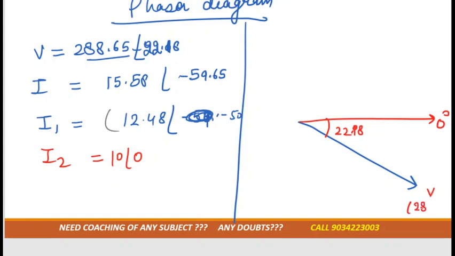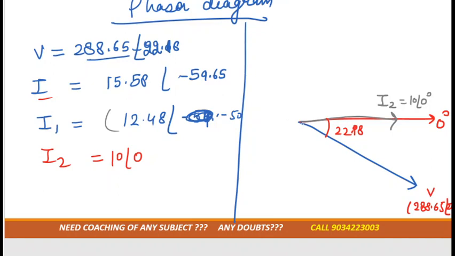You need to mention 288.65, angle is 22.18. Now I is the total current. I2 is 10 angle 0, so angle 0 again on this side. So this is I2, 10 angle 0 degree. Clear? Now I is minus 59 point something.